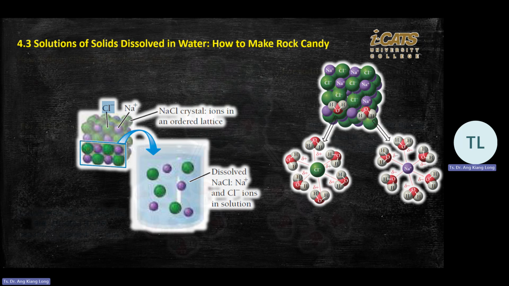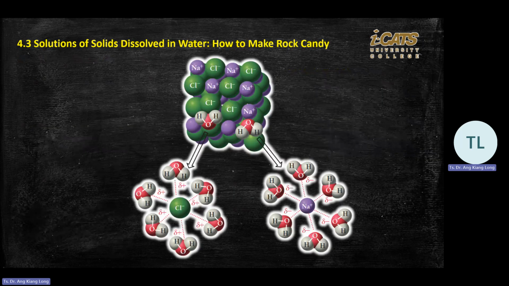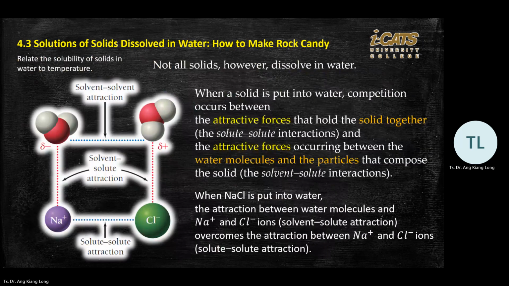Basically we are playing with these three attractions. If the solvent attraction is strong, this one cannot break. If the solute attraction is strong, these two cannot break. So if the solvent-solute attraction, the red dot, is stronger than the solute attraction and the solvent attraction, then it will dissolve.